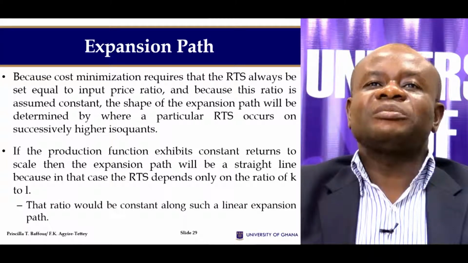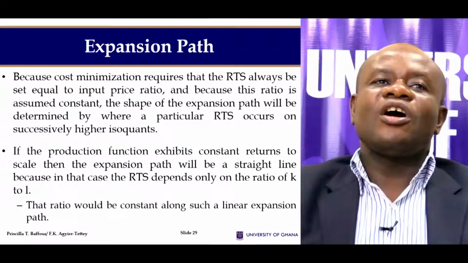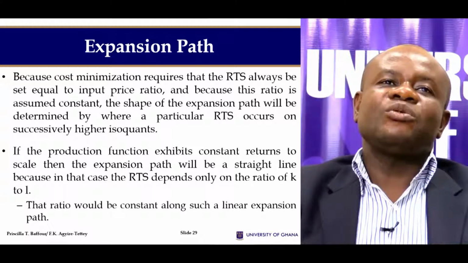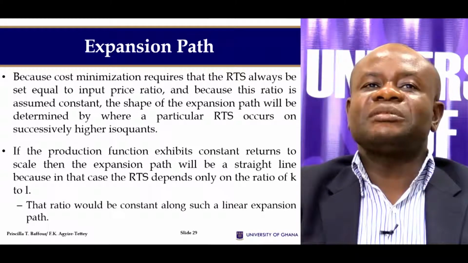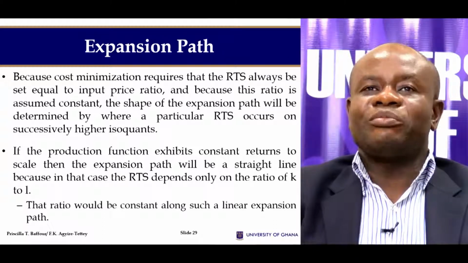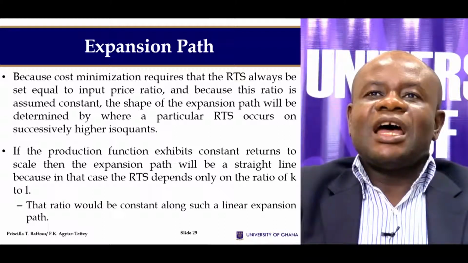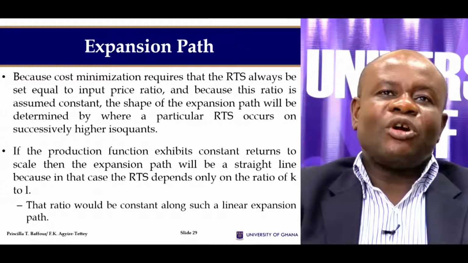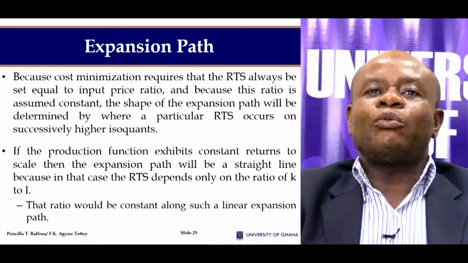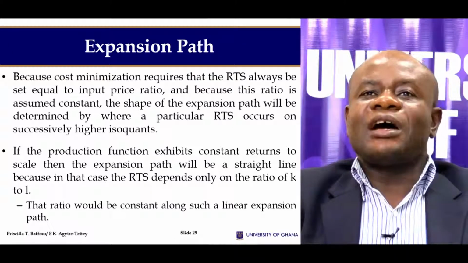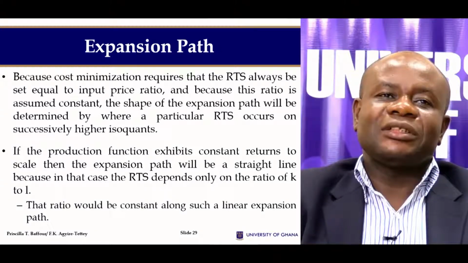Now, because cost minimization requires that the RTS always be set equal to the input prices, that is, the marginal rate of substitution must be equal to the ratio of the input prices, and because this ratio is assumed constant, the shape of the expansion path will be determined by where a particular marginal rate of substitution occurs on successive higher isoquants.